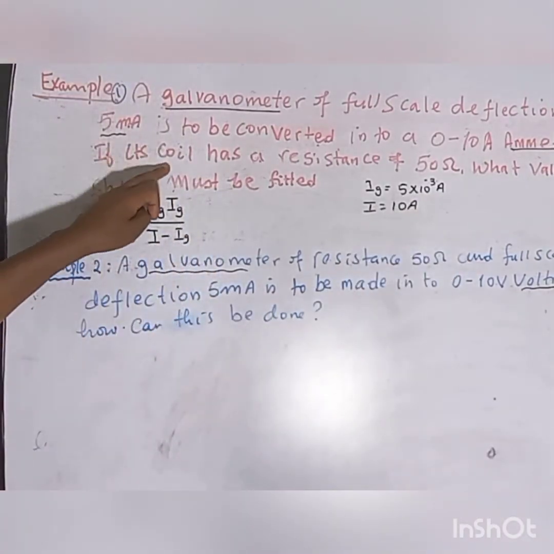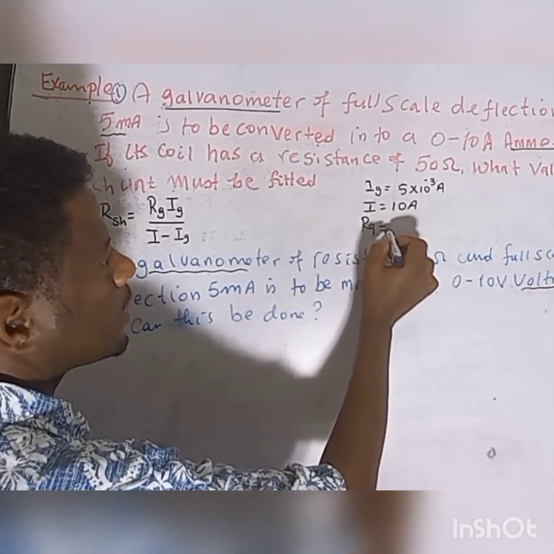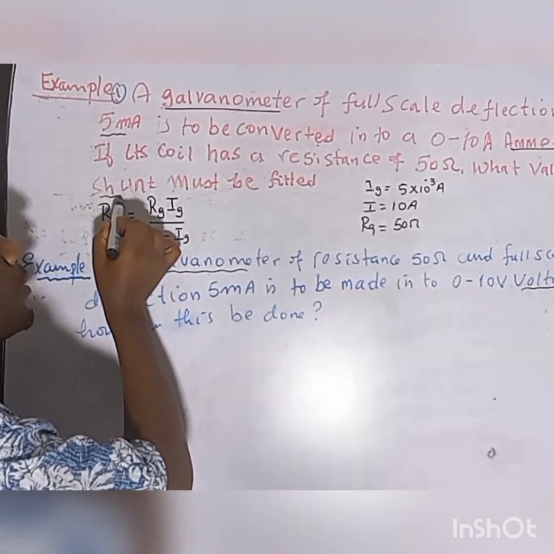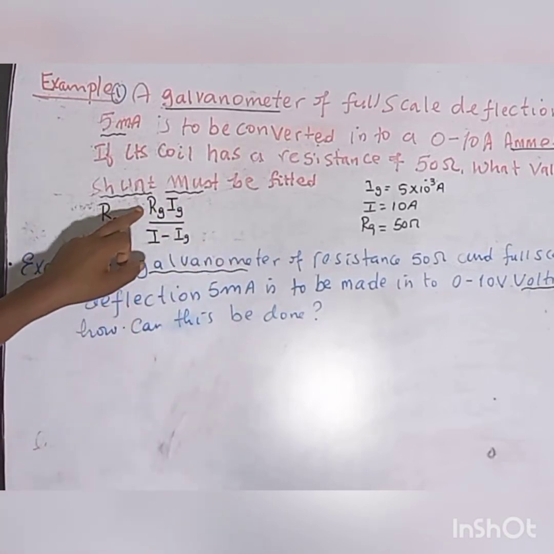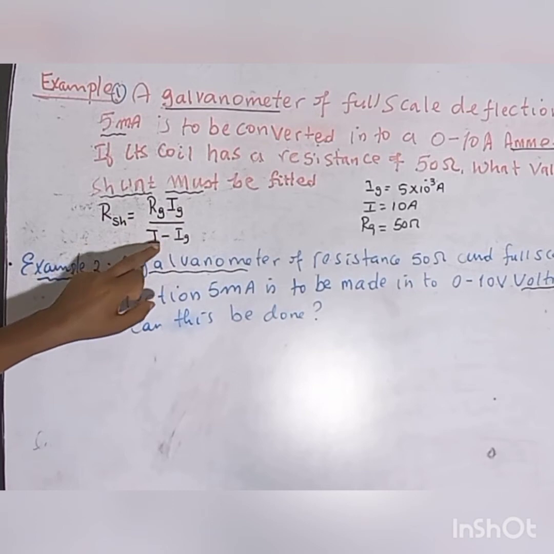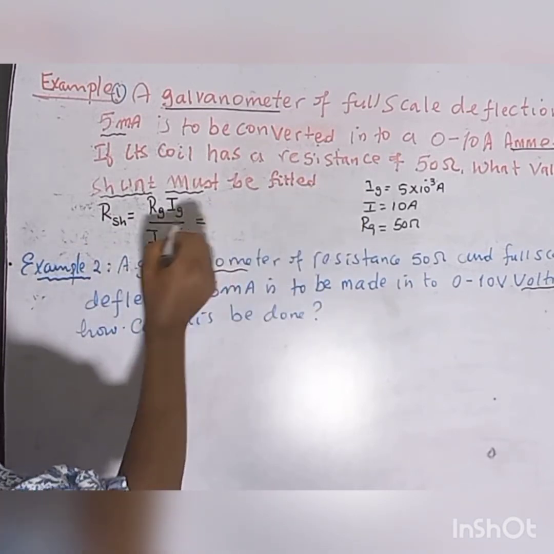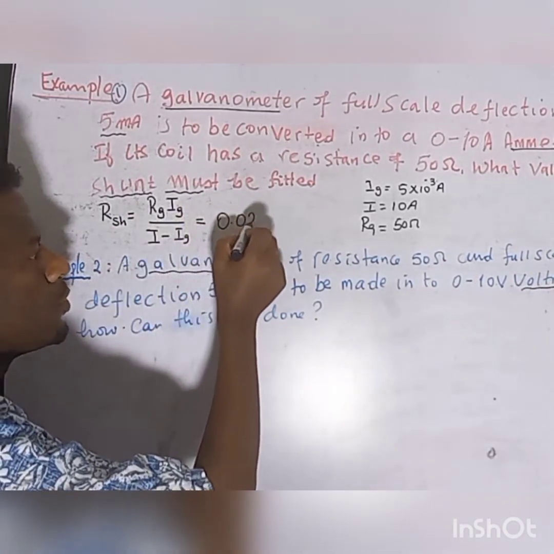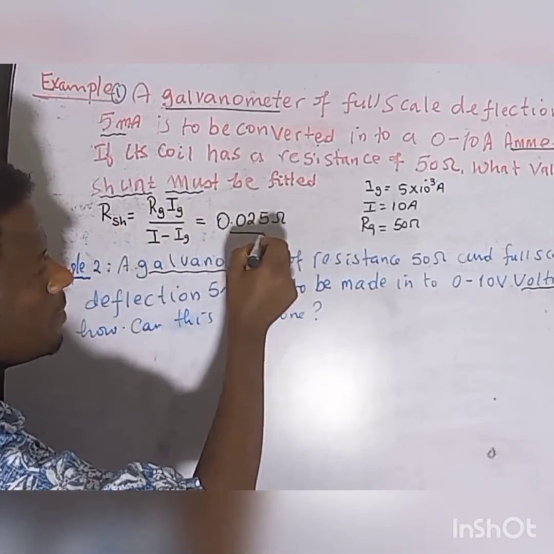If the galvanometer coil has a resistance of 50 ohm, what is the value of the shunt needed? We have RG, IG, and I minus IG. Substitute, and this is equal to 0.025 ohm. The unit of resistance is ohm.